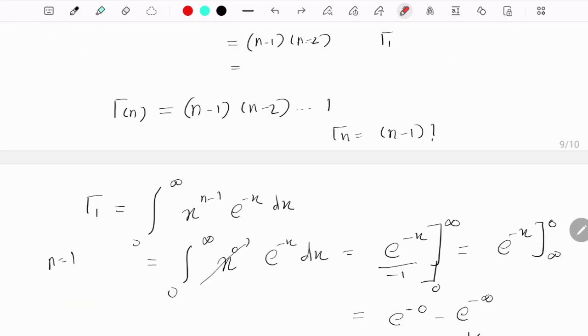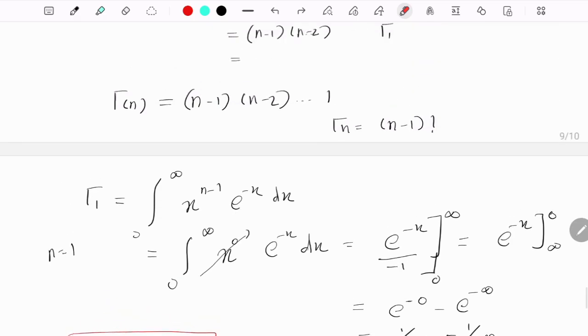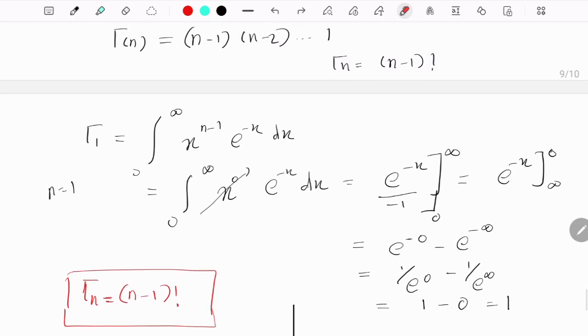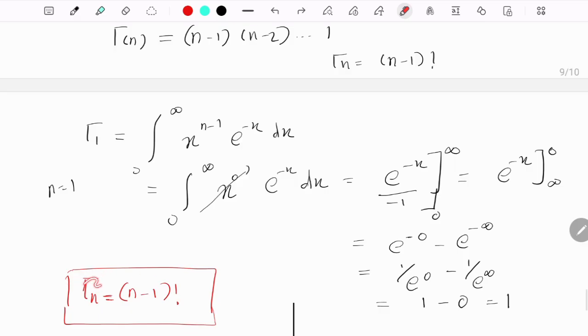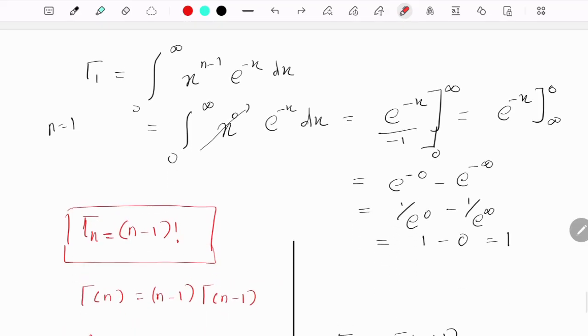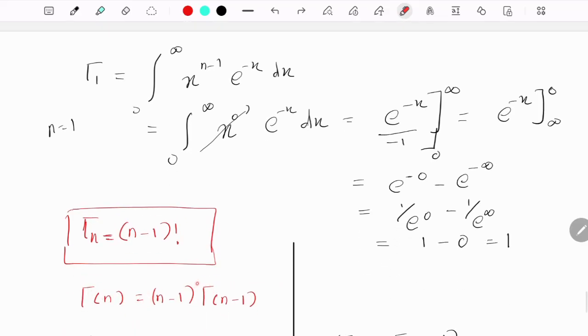Okay, so there are two important equations. First is gamma n is equal to n minus 1 factorial, and second is gamma of n is equal to n minus 1 into gamma of n minus 1.